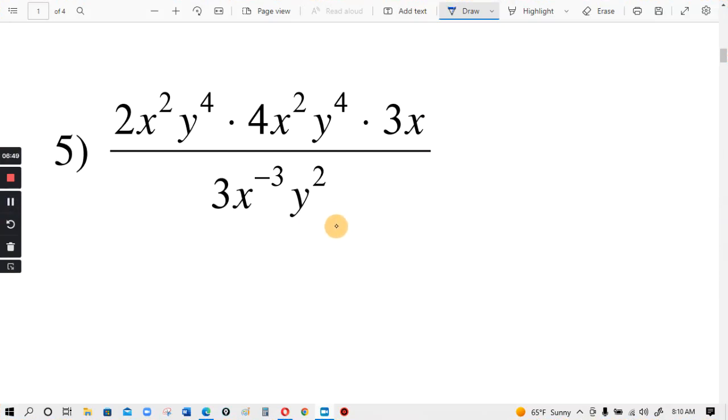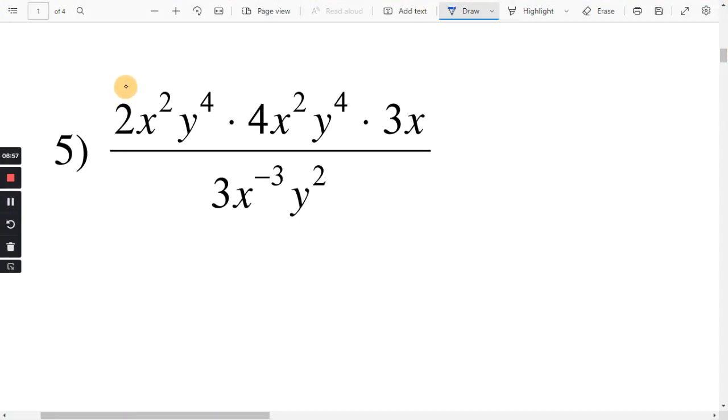It's not as bad as it looks. These are all multiplied in the numerator. Let's take care of that first. For the constant terms, we have 2 times 4, which is 8. And 8 times 3 is going to be 24. Now for the exponents, let's look at the x's first.